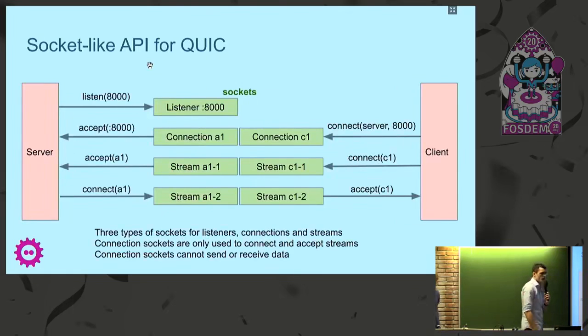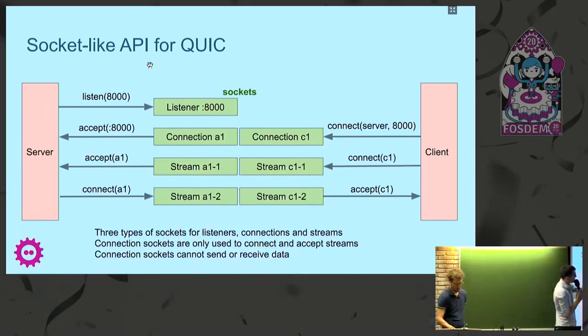So one of the first challenges we had is that we needed to integrate into a socket-like API, and that didn't really fully map to QUIC, not entirely. So what we did was, first for the listener, nothing changes. You just listen on the UDP port, and that's really what you always do.